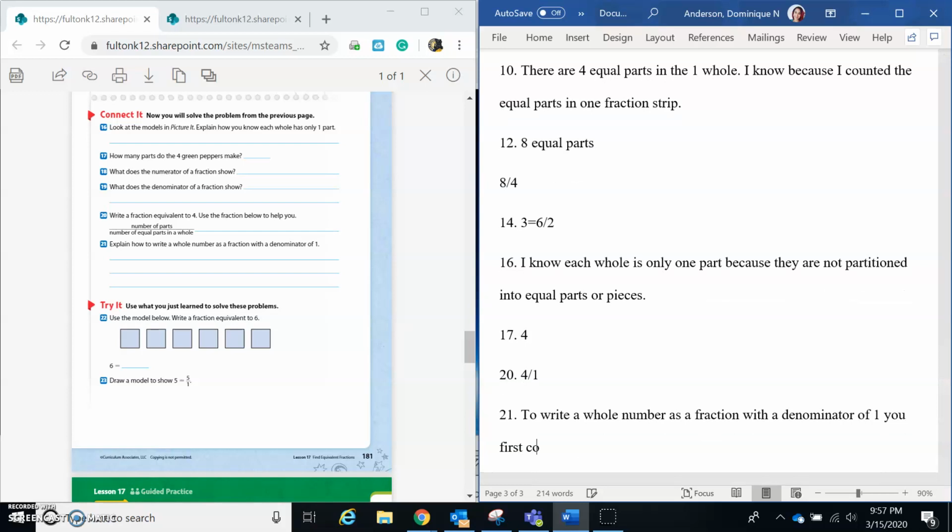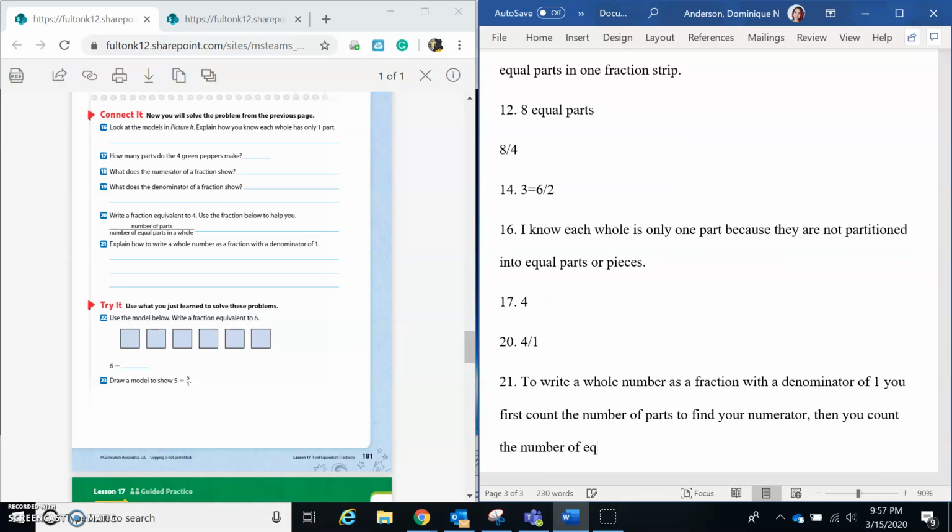You first count the number of parts to find your numerator. Then you count the number of equal parts in a whole to find your denominator. Great job, guys. That's really just what we did right here.